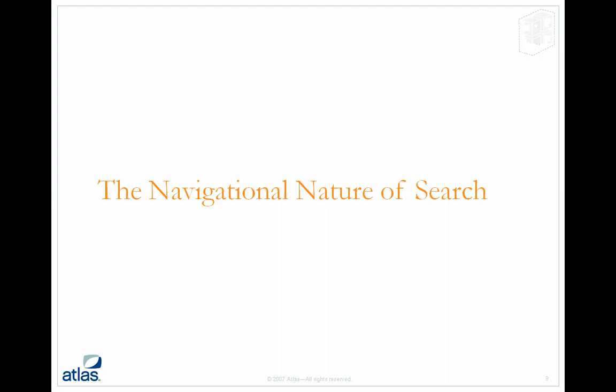So the final piece of research I'm going to talk about, before we dive more concretely into what engagement mapping really is, is this analysis we did called the navigational nature of search. There are a lot of different ways people use search engines. One way is that you're looking for something very specific, you search on it, and you get there.